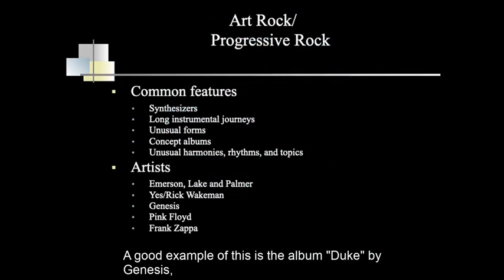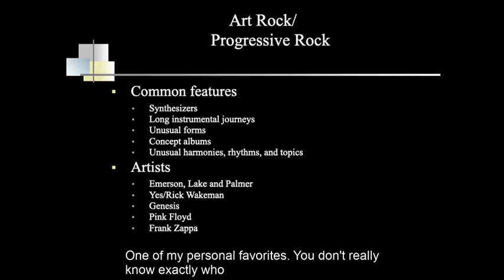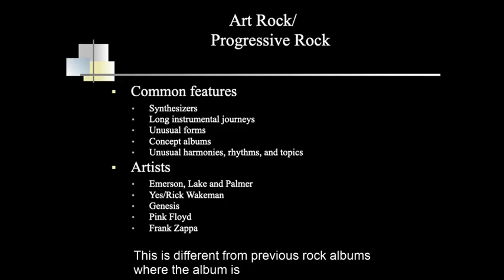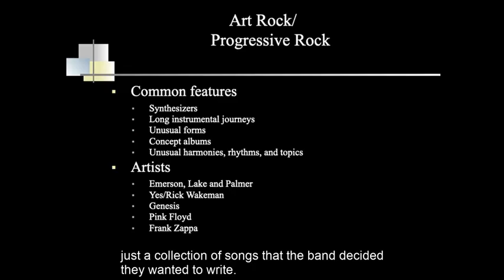A good example of this is the album Duke by Genesis, one of my personal favorites. We don't really know exactly who Duke is, but almost all the songs seem to relate to a story about a person. This is different from previous rock albums, where the album was just a collection of songs that the band decided they wanted to write.